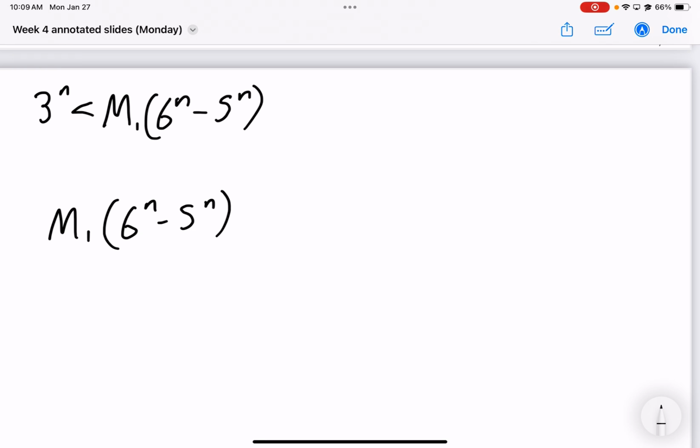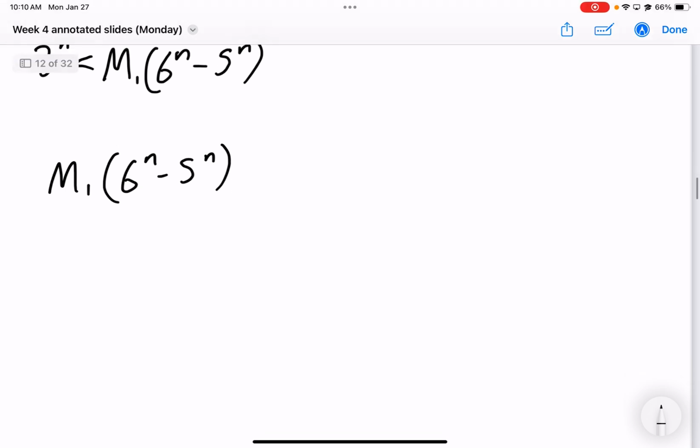Even though this sort of looks different from previous examples because we're dealing with exponential functions, not polynomials, we can use a very similar technique, namely the factoring trick. Previously, we would factor out the highest power of n. Now we're going to factor out the highest base of n.